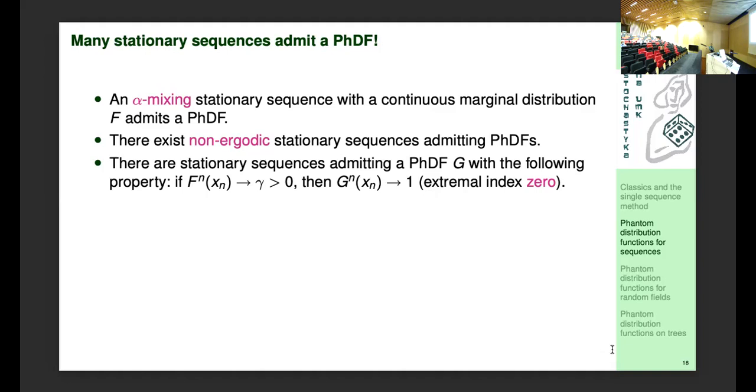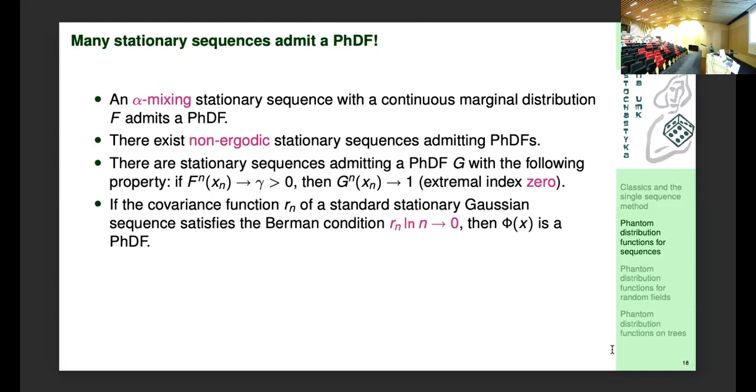Here I should use Vn, I guess. This is the so-called property of extremal index 0, but it says that maxima of our stationary sequence increase slower than the corresponding maxima of an independent sequence with the same marginals.